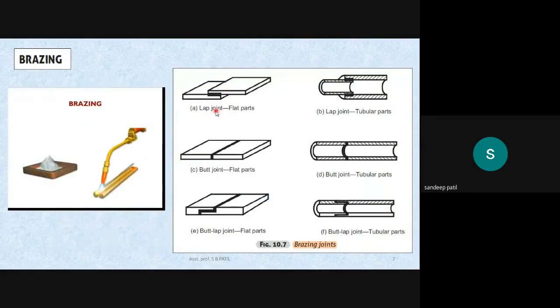Here also you can see the lap joint for flat parts, lap joint for tubular parts, butt joint for flat parts, butt joint for tubular parts. Similarly, the butt lap joint, or you can say the step joint, for flat parts and step joint for tubular parts. So let us see the video regarding the brazing process.